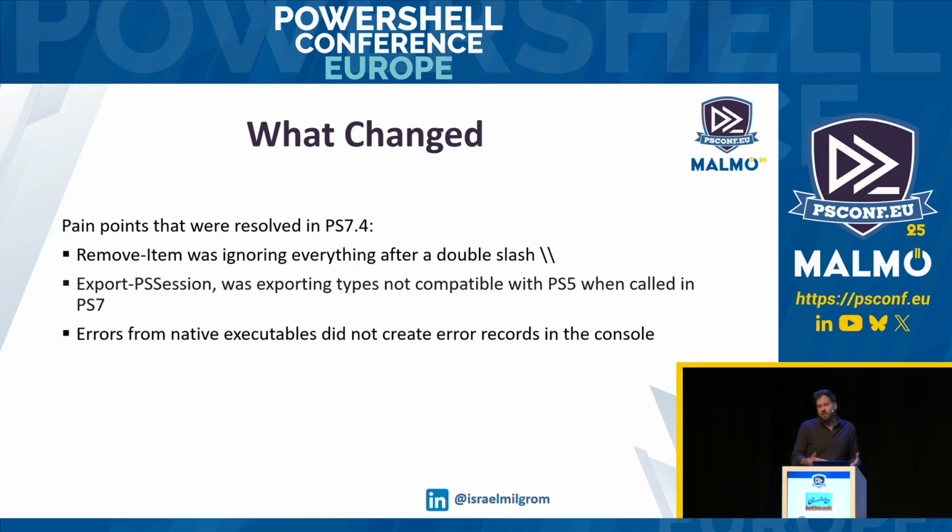All of a sudden, you have to consider it, look at it, and change your code to handle the new scenario. So all of these things were remediated in PowerShell 7.4. Like I said, there was the request for comments on GitHub, and there were big discussions, especially on this last one, and eventually they reverted this behavior. Native executables even got their own error preference variable, so you can specify whether you want an error record or not.